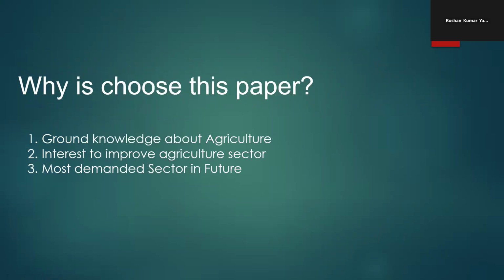First of all, I want to say why I chose this paper. The first reason is that I have very grounded knowledge about agriculture, and I'm also interested in the agriculture sector because my father is a farmer, and I also spent a lot of time in the farmland.